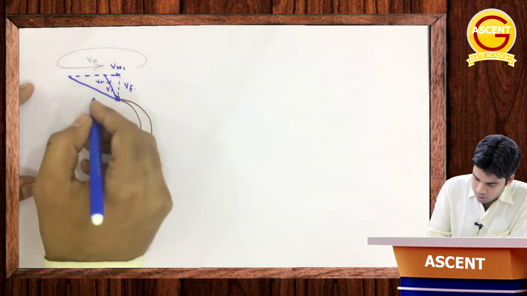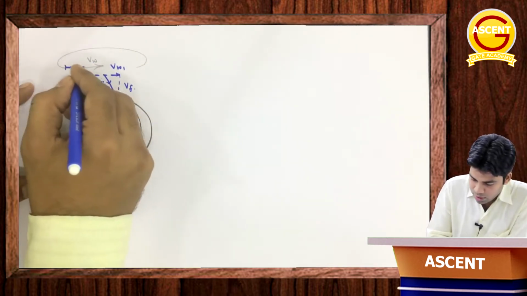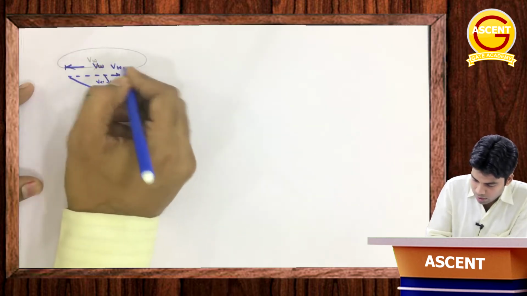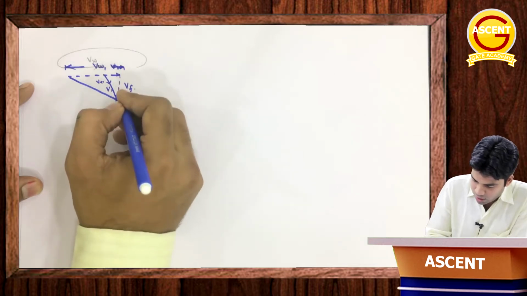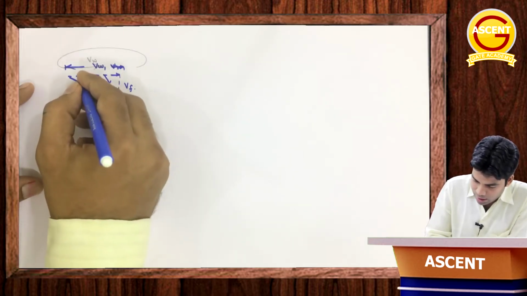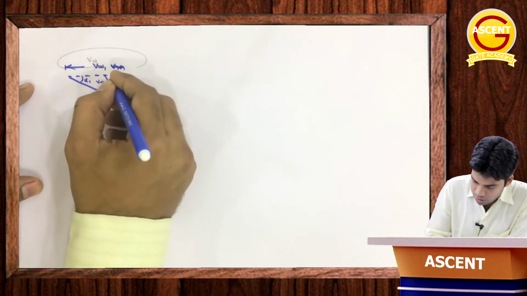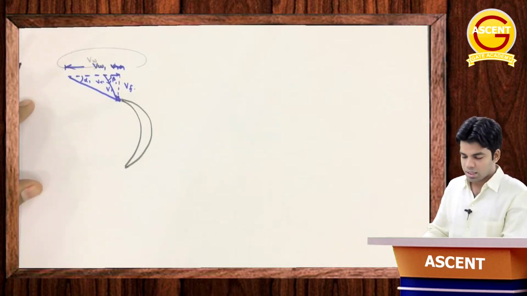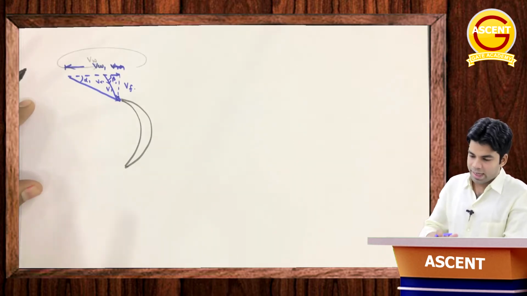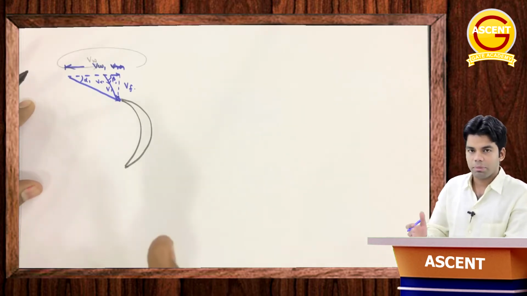Now the horizontal component of this V1 is nothing but Vw1. Sorry, I have already told you. Horizontal component is Vw1, vertical component is Vf1. This angle is alpha 1, this angle is beta 1. So we will get the same velocity triangle here as in the case of the Francis turbine. And at exit also the whirl velocity will be made 0.